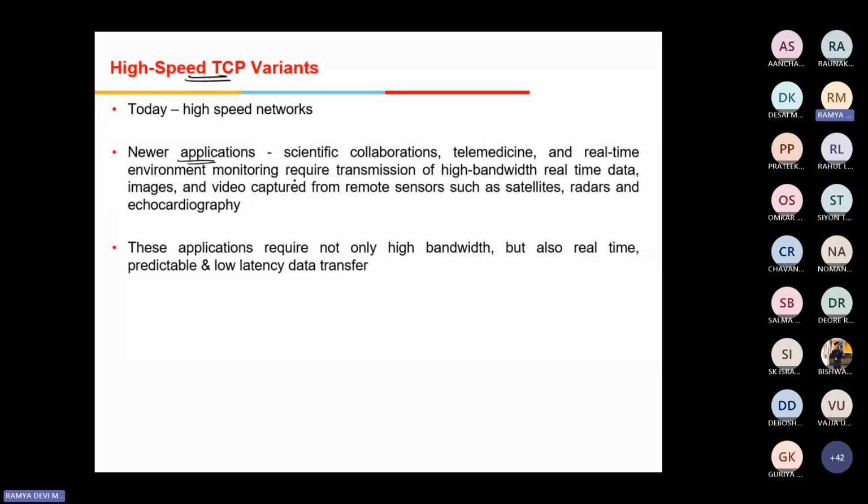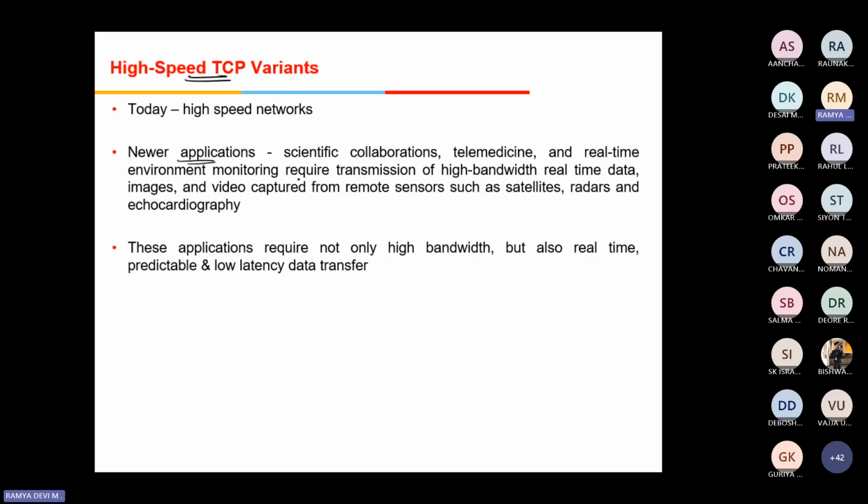All those things must be transferred quickly and reliably across geographically distributed networks. So the requirements for these applications go beyond just higher bandwidth. They require predictable, low-latency data transfer with minimum jitter. Small delays or packet losses will disturb the entire network and the real-time operations, right?